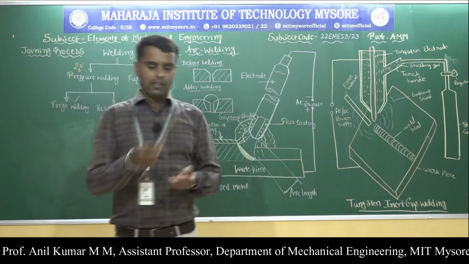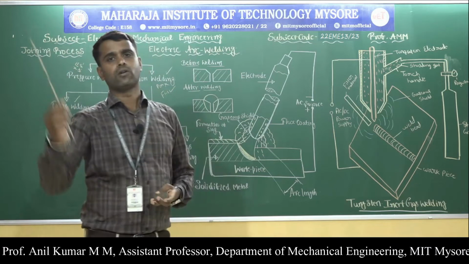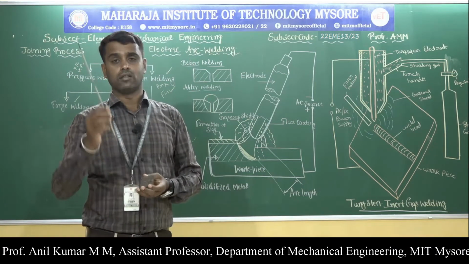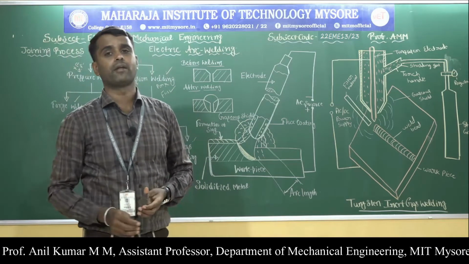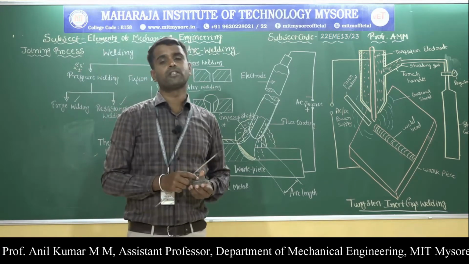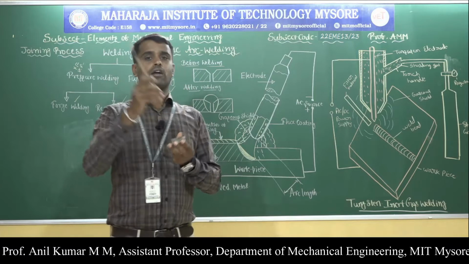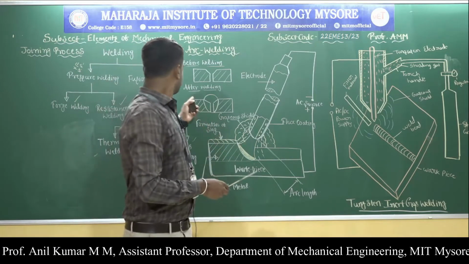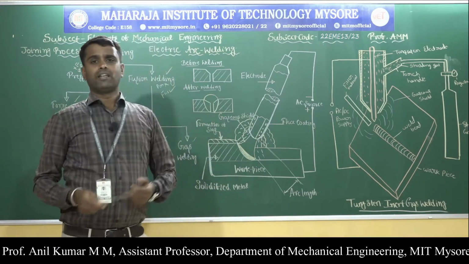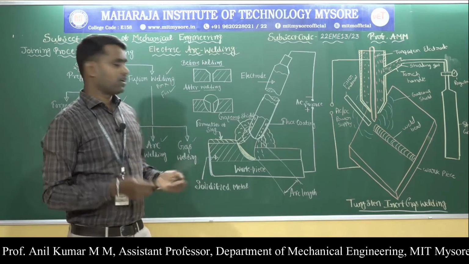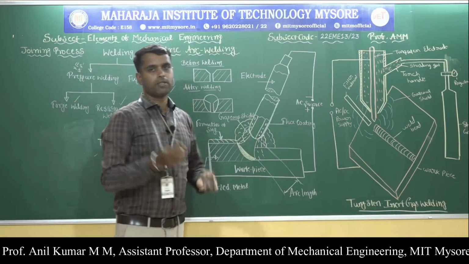The electrode is connected to the electrode holder, which is connected to the negative terminal of the power source, and the workpiece is connected to the positive terminal. The electric arc is a stream of electrons continuously struck in the gap between the electrode and the workpiece material.